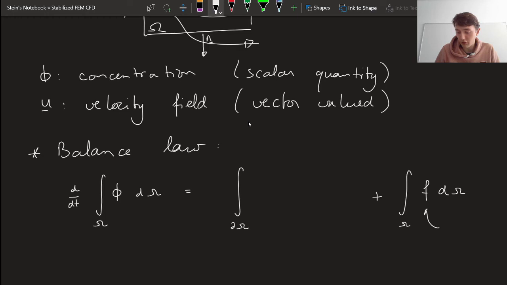So this is going to be the source. That is whatever is generated from within the volume itself.